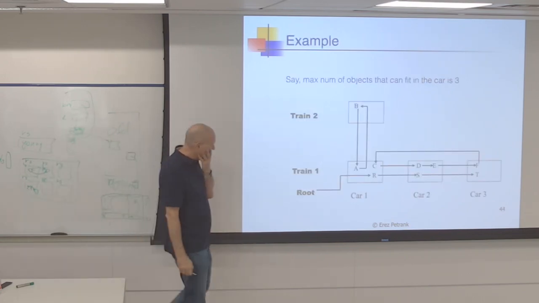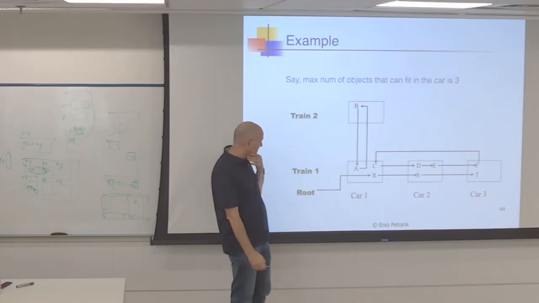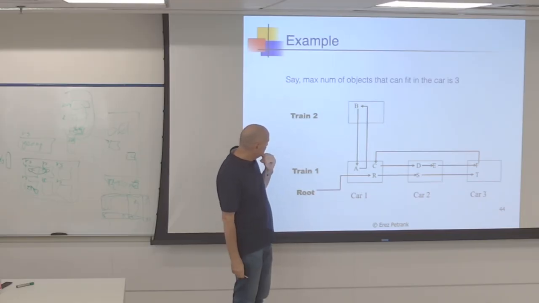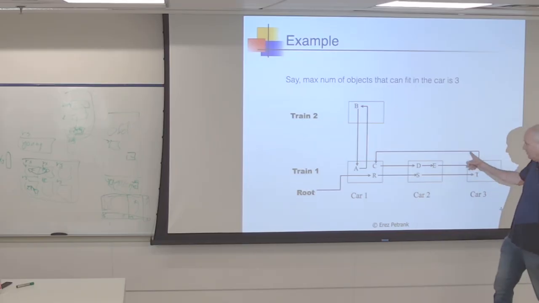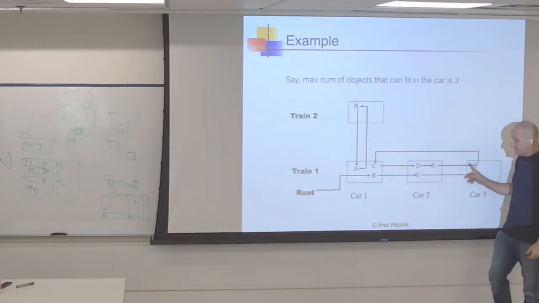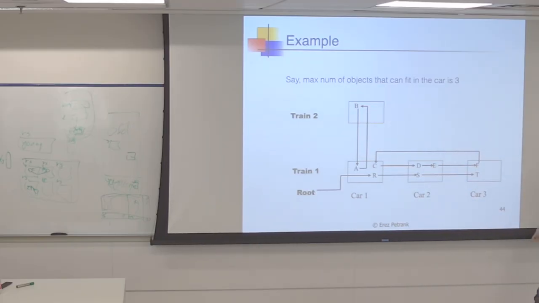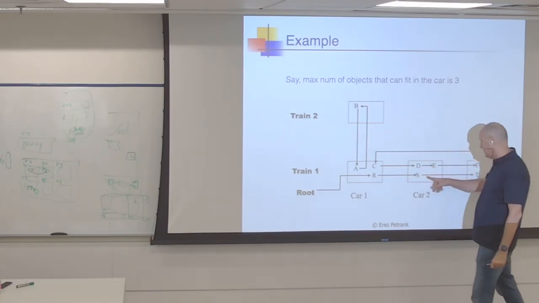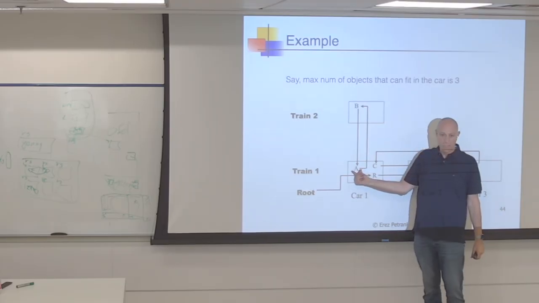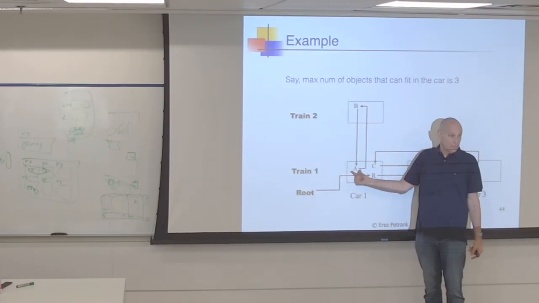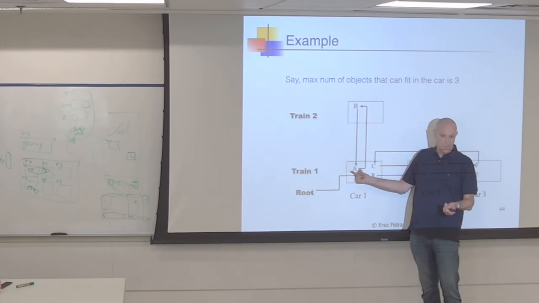Here is an example done by some student in the old days. What you see here is we have 2 trains. In this train, you have this cyclic structure that I want to identify and reclaim somehow. There is this line that is reachable from the root. And there is this object that is reachable from outside the train, but it's also a cyclic, unreachable structure.